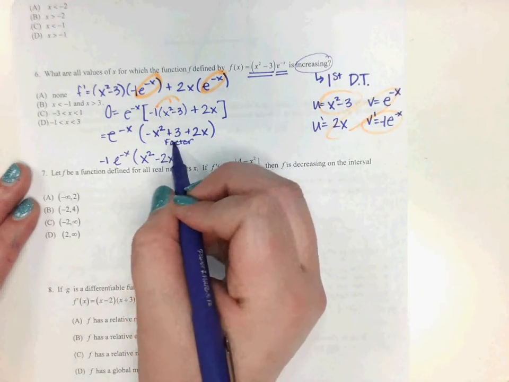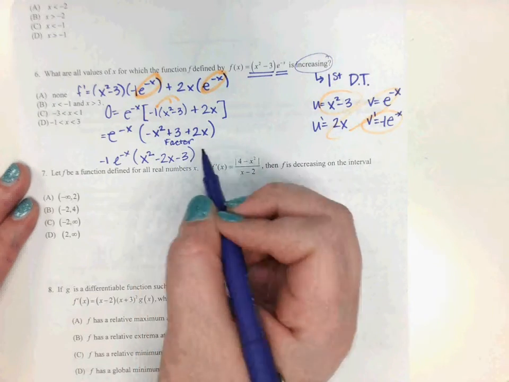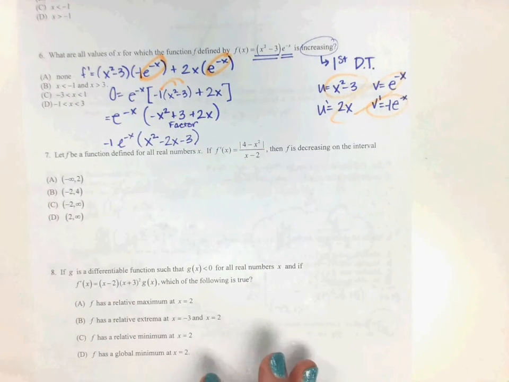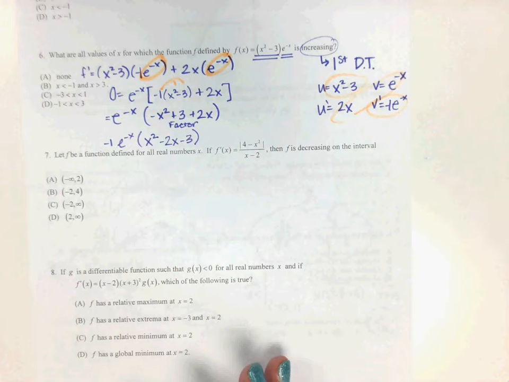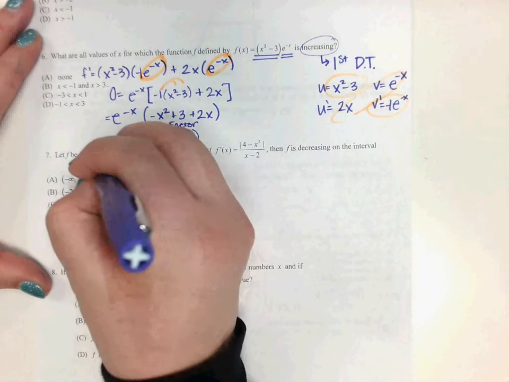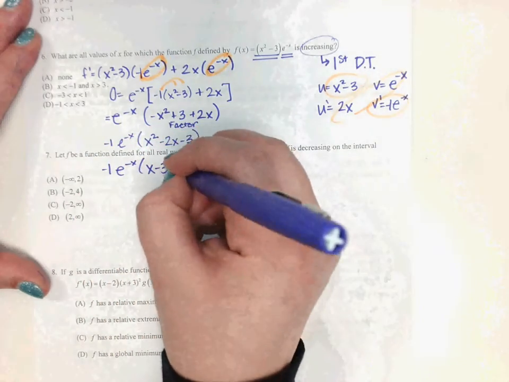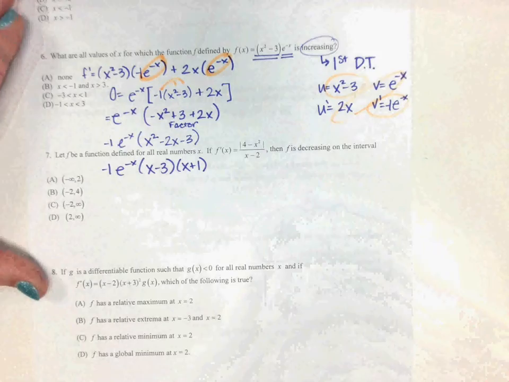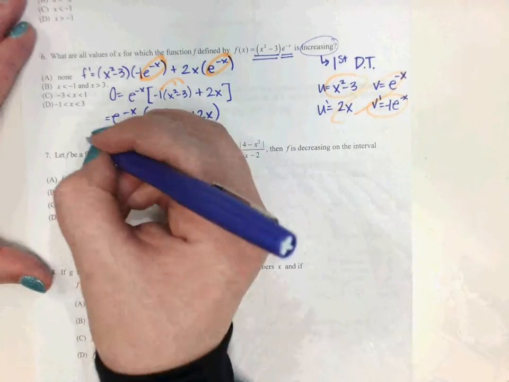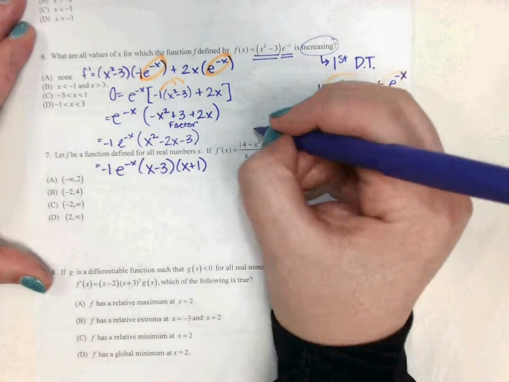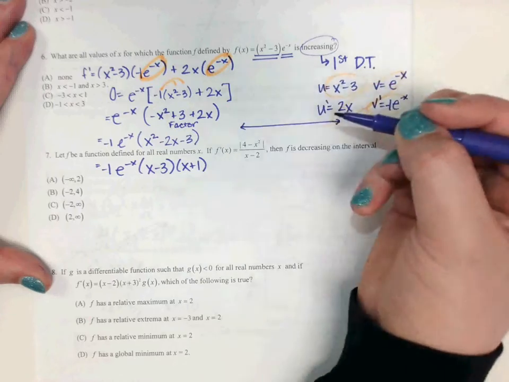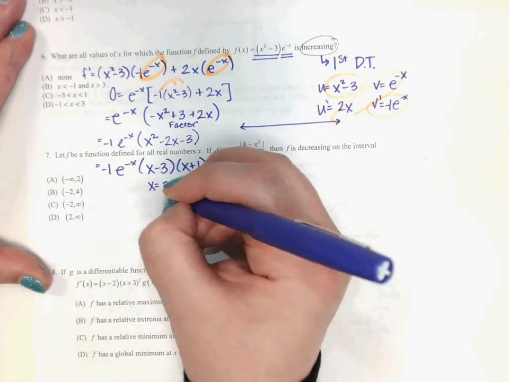And now it's negative, and then 3 comes third. Now, how can I break that down? Needs to multiply to negative 3 and add to negative 2. X minus 3 and x plus 1. So what are my critical numbers? Good. So my critical numbers on my line chart are going to be x equals 3 and negative 1.